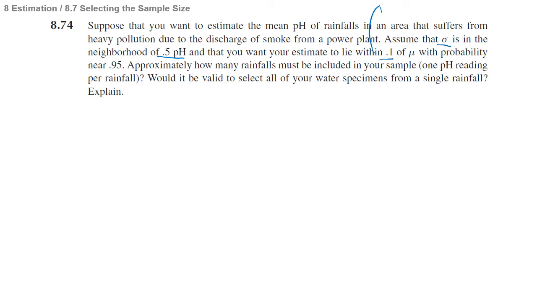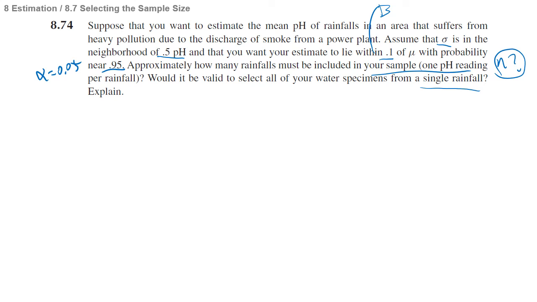So this is our B of mu with probability near 0.95, so your alpha is 0.05. Approximately how many rainfalls must be included in your sample? So what sample size do we need? This is the problem. Would it be valid to select all of your water specimens from a single rainfall?